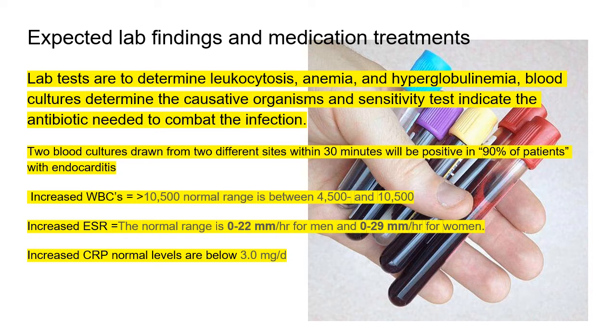And if a patient has endocarditis, the results will be like 90% positive. There will be increased white blood cells, of course, because of the infection. And the medications to treat endocarditis are penicillins and antibiotics, depending on what the sensitivity test comes back as. That's really the first line treatment: antibiotics.